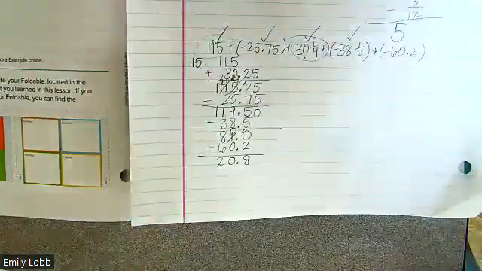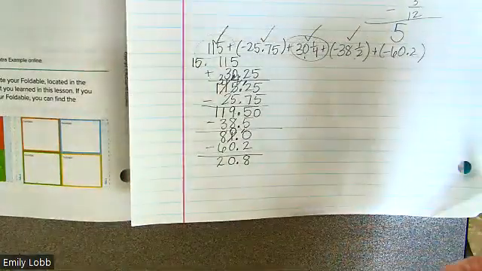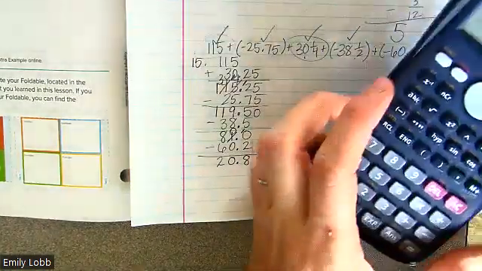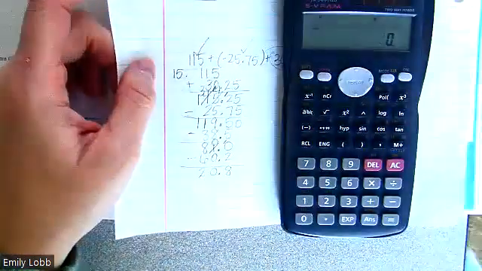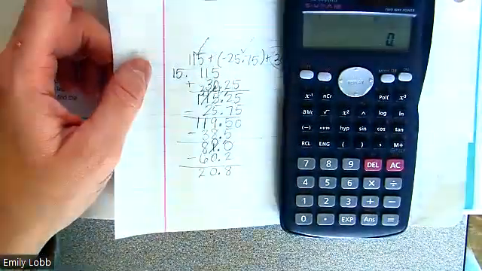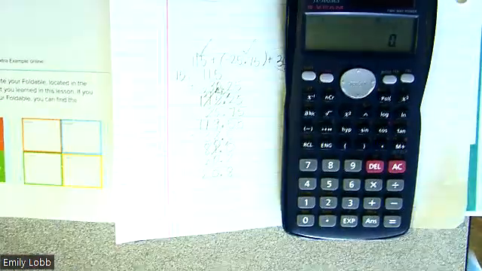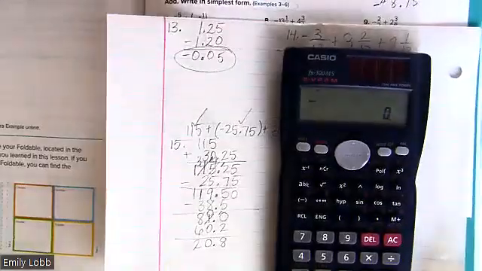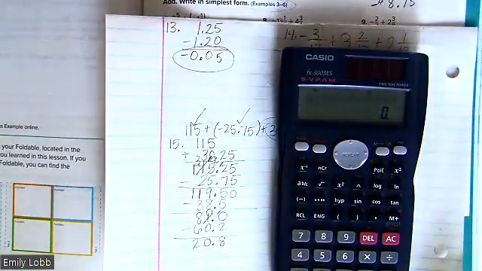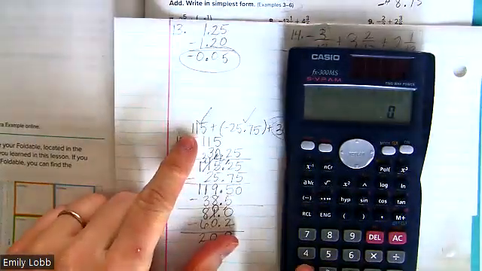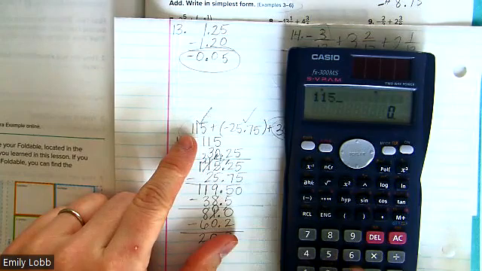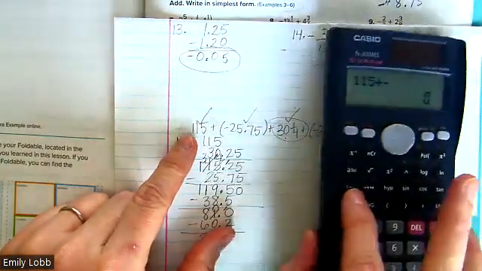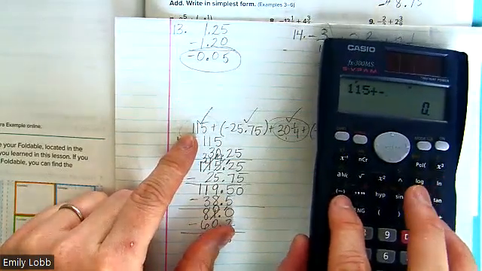The other way that you could do this is you could go with your calculator. You know how to use your calculator? Can you see that better than this? No, this is probably better. All right. So I would put 115 in here. Plus, and then I can use my negative sign up here. Do you see that in parentheses?